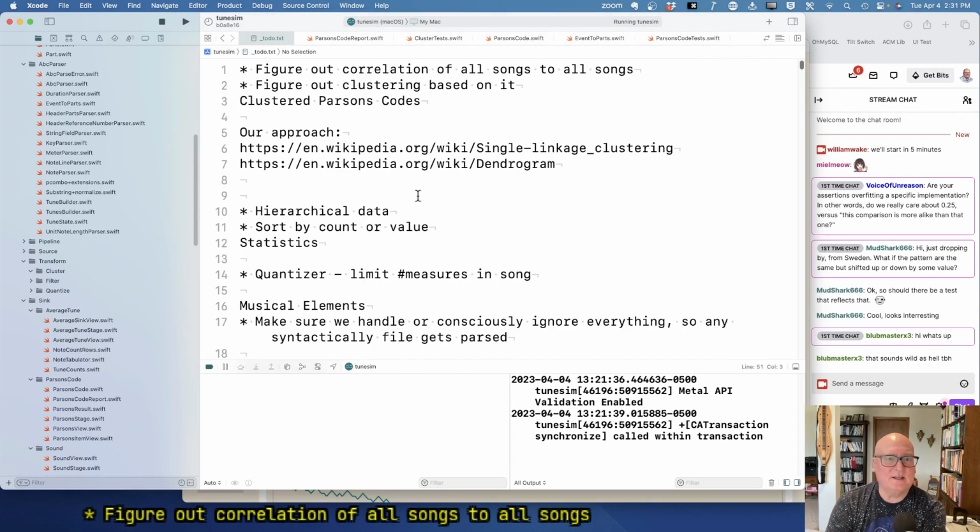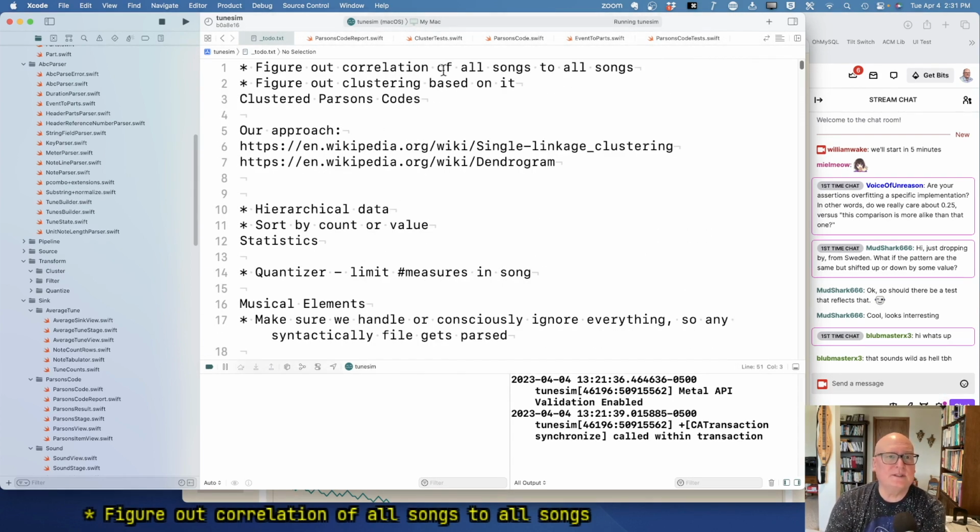All right. So correlation of all songs to all songs, figuring out a clustering. That's kind of what we're doing. So I think we're going to go through this algorithm a little more detailed and identify pieces it needs. And I think the dendrogram will come much later.